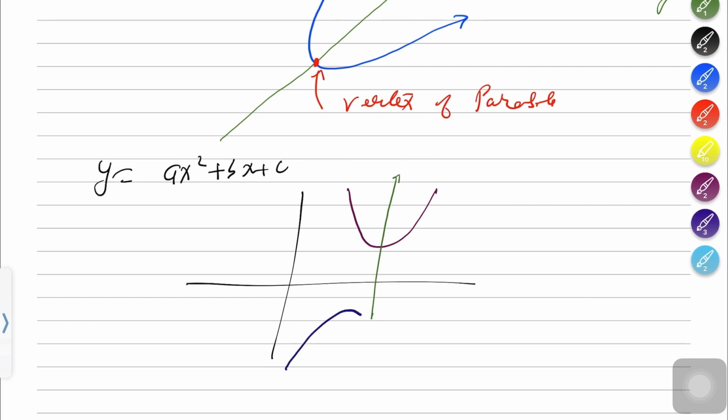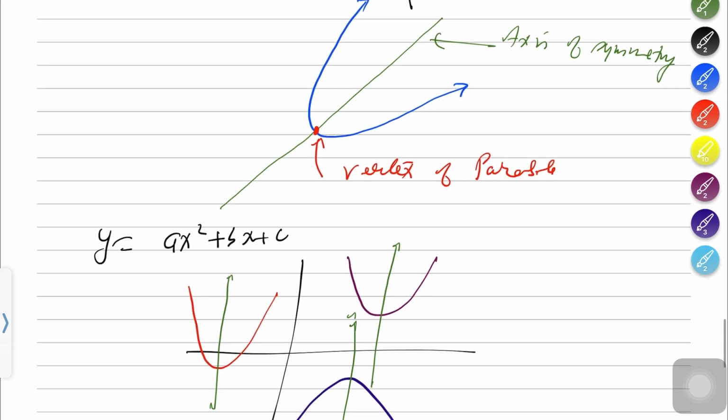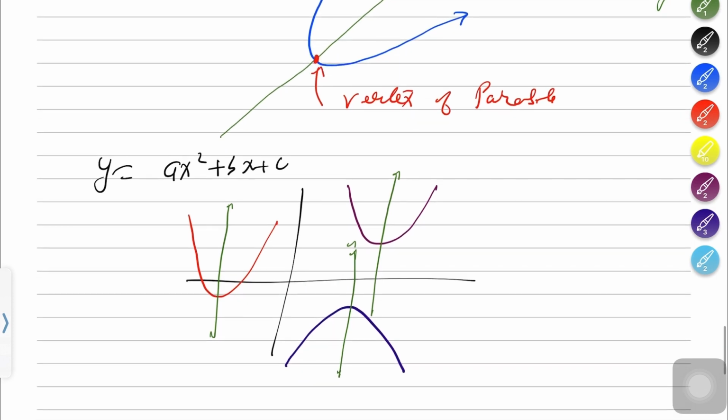It may be like this or like this, anything. But the condition is that the axis of symmetry will be parallel to the y-axis. This axis of symmetry is basically a line which divides the parabola into equal halves, and it passes through the vertex of the parabola.